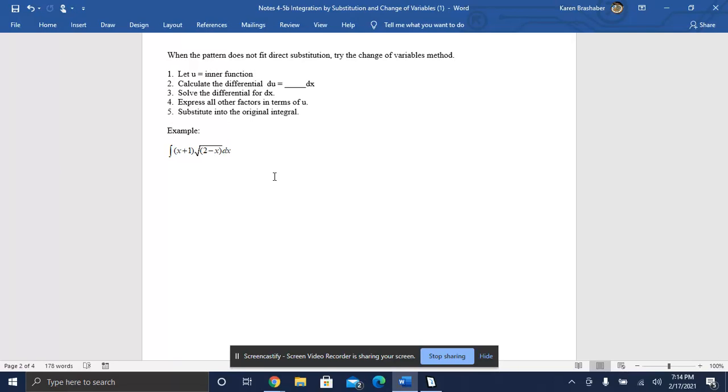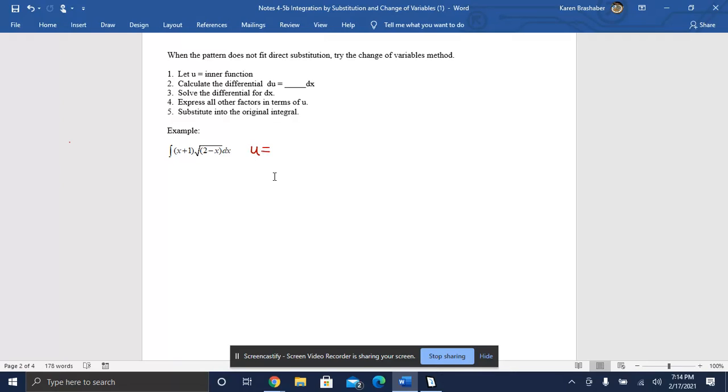On this one, the direct substitution is going to fail, and we have some steps that we can take to work with that. Those steps are called doing a change of variables. So we'll start, as we have been, using the u, because we do have a product that we cannot remove.